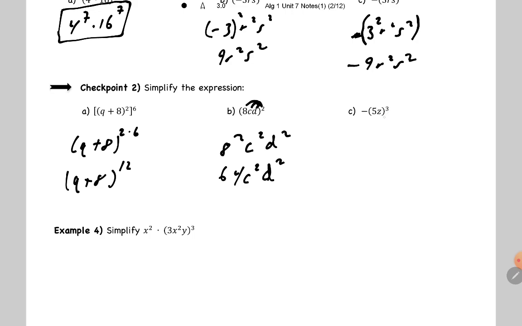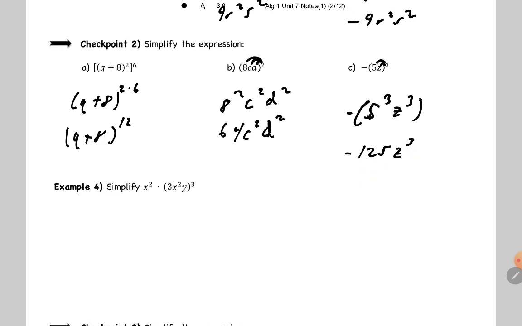Alright, negative 5z cubed, so I'm going to distribute the 3. So this is negative parentheses 5 cubed z cubed. Okay, 5 cubed is actually 125, so this is negative 125 z cubed.